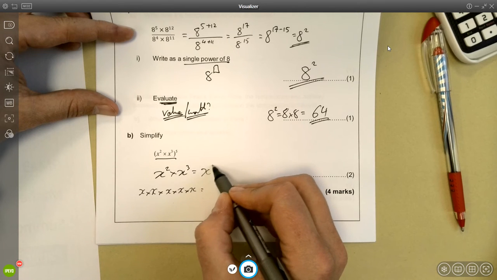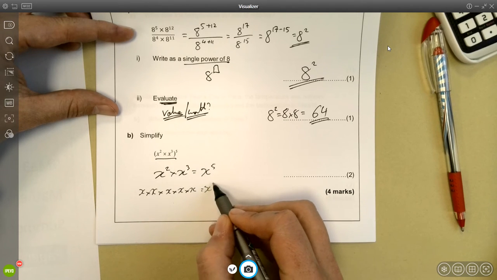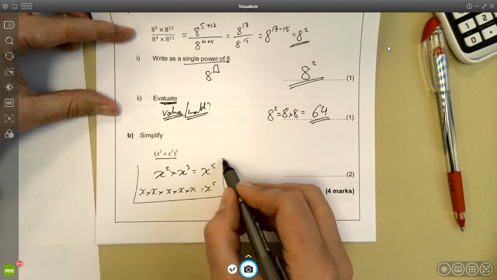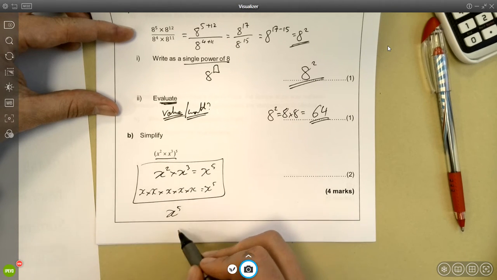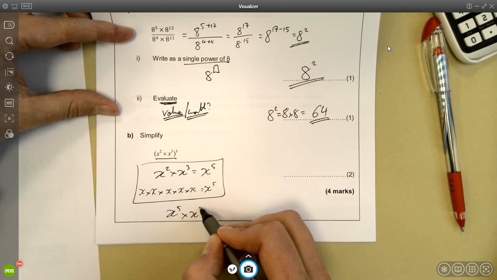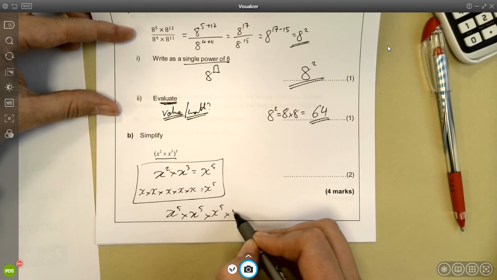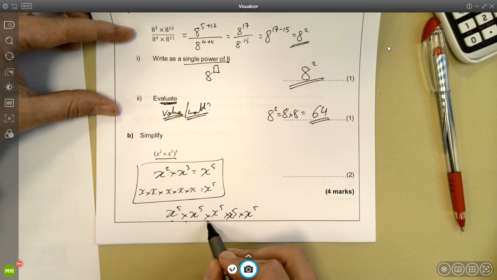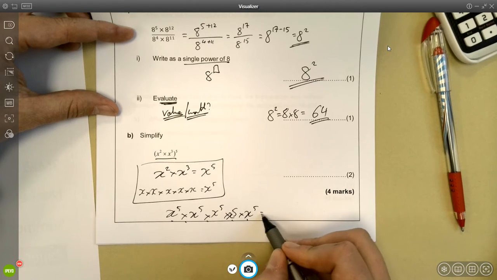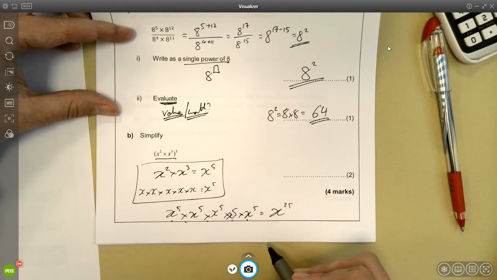All right, it's x to the power of 5. So if we know that, we've got to do this to the power of 5. So really, that's x to the power of 5, x to the power of 5, 1, 2, 3, 4, 5 times. So that is x to the power of 25.